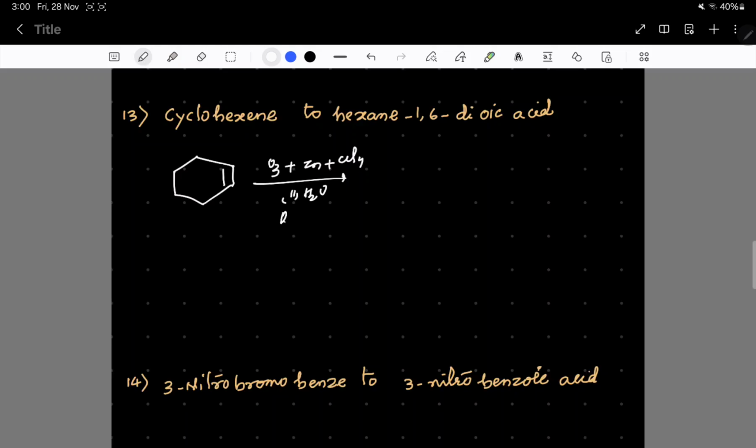You can do reductive ozonolysis, or you can directly do oxidative ozonolysis, or you can use KMnO4 H plus conditions. During reductive ozonolysis, first it will be converted into aldehyde.